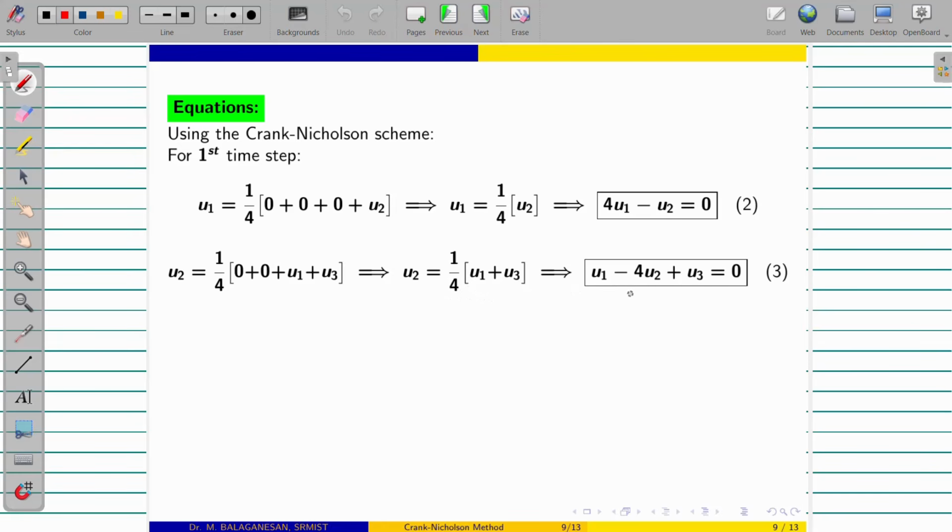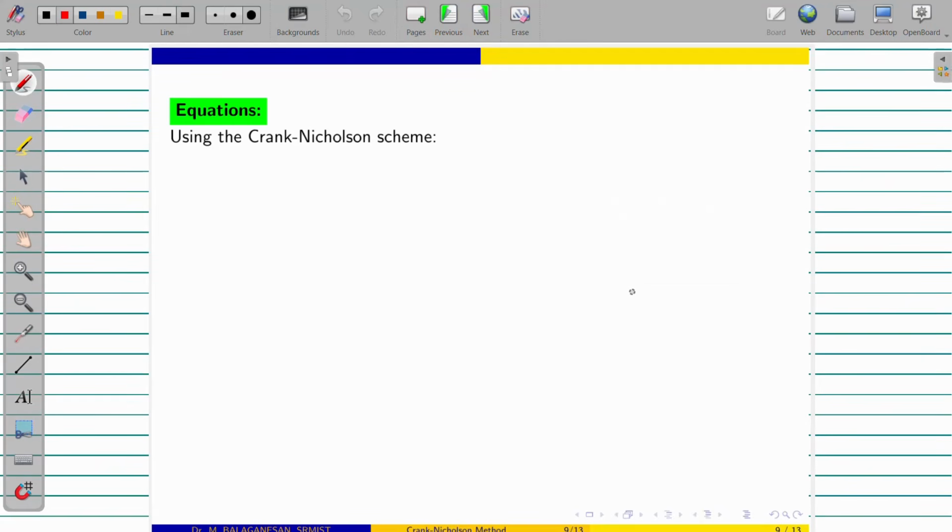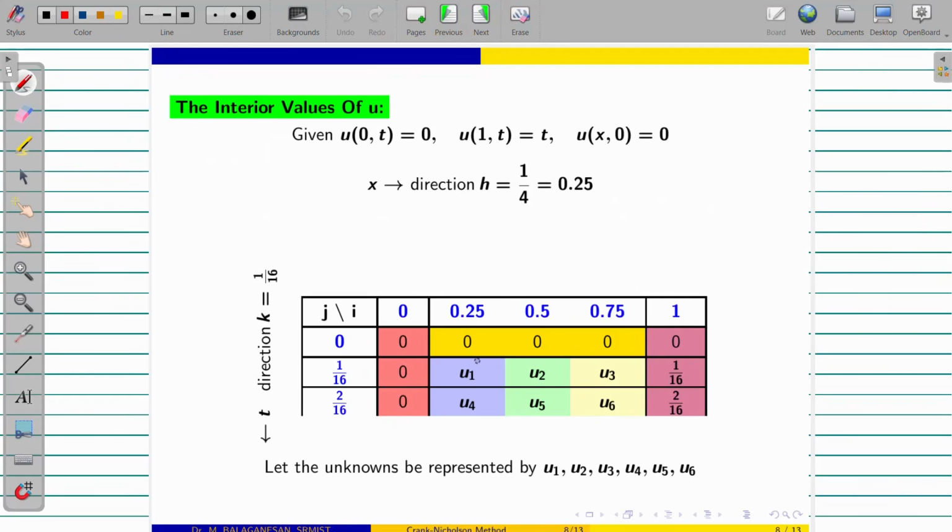u1, take everything to the left hand side because we are going to solve for three unknowns. What are the three unknowns we are going to solve here? For the first row, we have to complete it here, then only we can proceed for u4, u5, u6. First time step you have to complete, then only move to the second time step. Right.